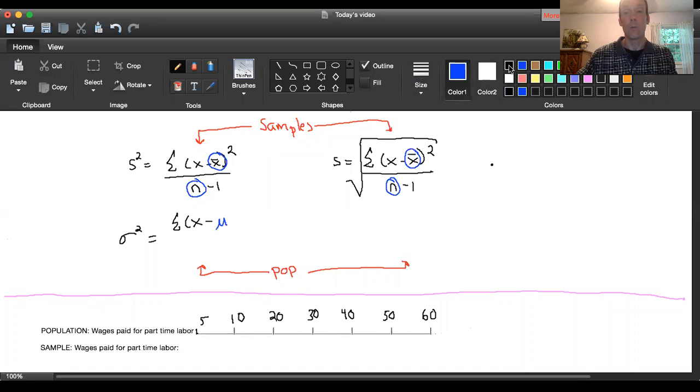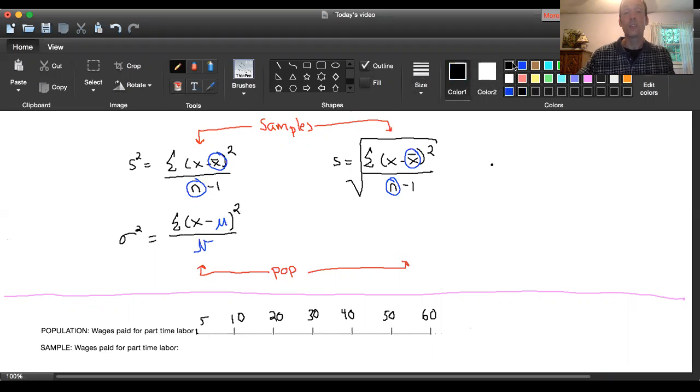So we'll go ahead and we'll put mu in here. And on top, we're going to put in everything else exactly the same as it was before. On the denominator, instead of lowercase n, now we're going to use capital N because we're talking about the total number of observations, but this time in a population.